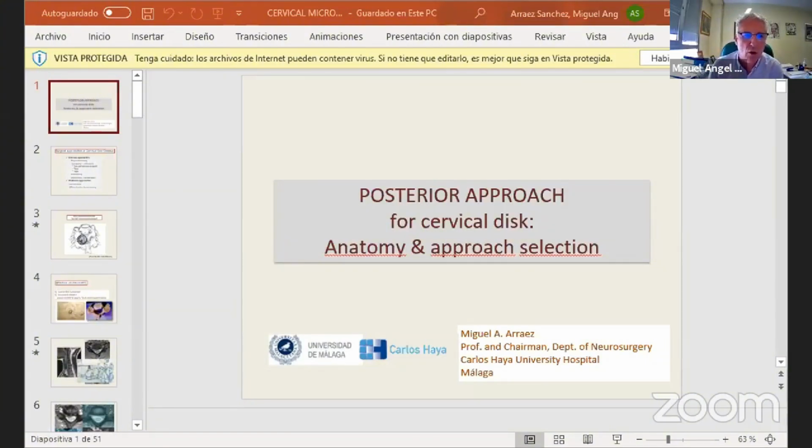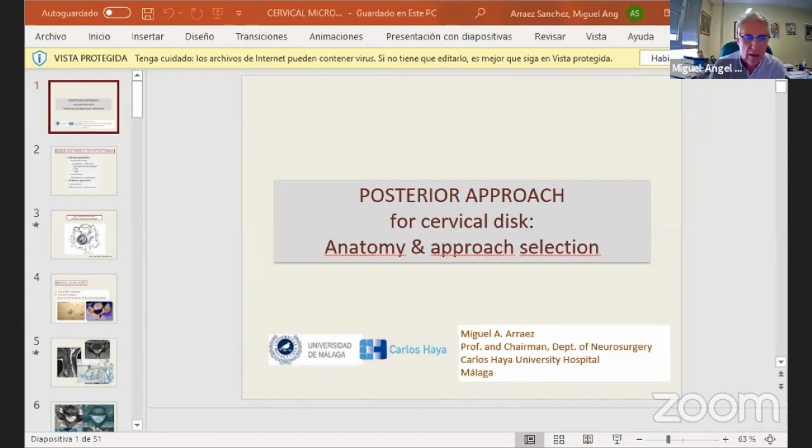This is the keyhole approach, a posterolateral approach, removing some inferior part of the superior lamina or some superior part of the inferior lamina, and sometimes some limited medial aspect of the joint, trying to identify the involved root and decompress the root.